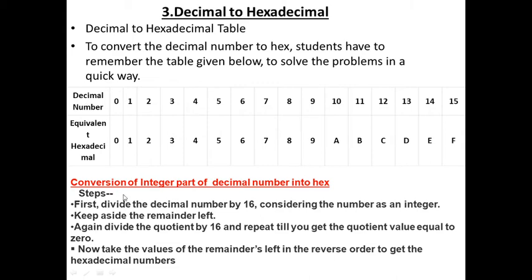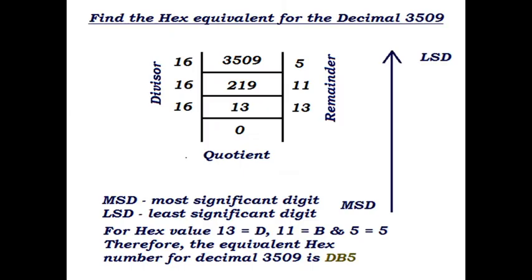Now what are the steps? You are converting a decimal number to a hexadecimal number. So we'll directly go to the example. Find the hexadecimal equivalent for the decimal number 3509. So you take the number 3509 and keep on dividing it by 16.